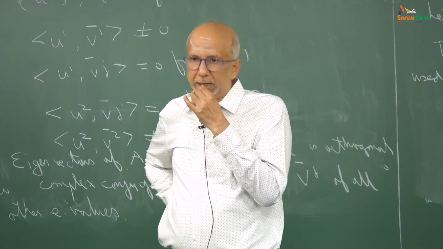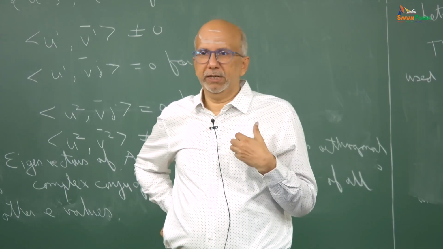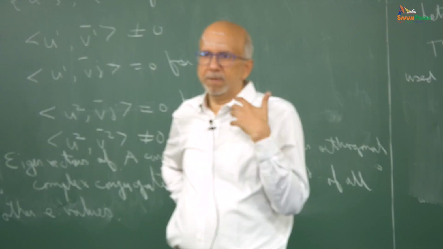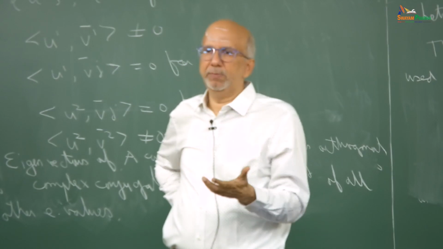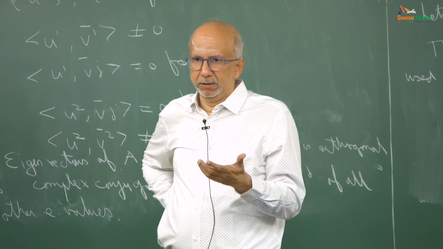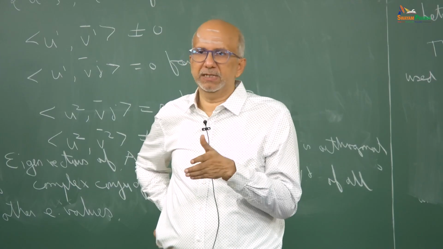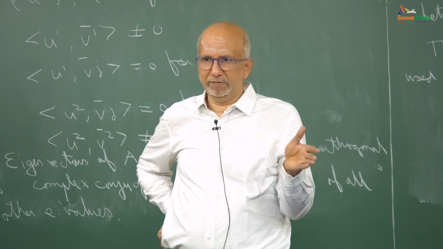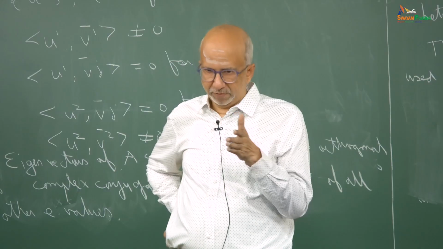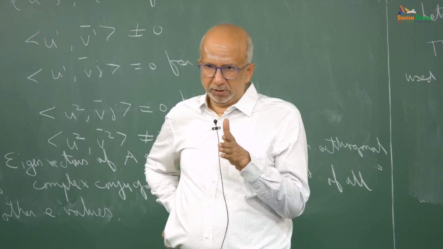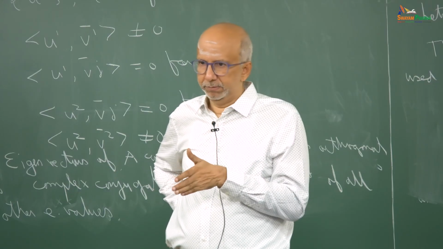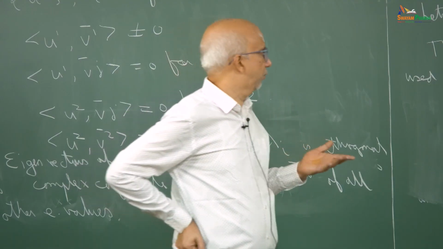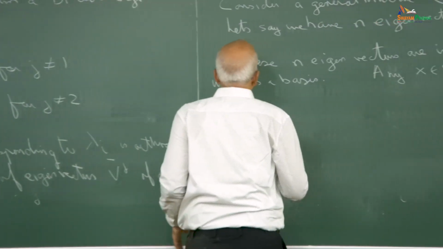Okay. Now the question is, I want to show that if I have n eigenvectors, they are going to be independent. Okay. That is the thing. Just because you have n vectors does not mean they are independent, right? You could have dependency. If I have n eigenvectors, what is the guarantee that they are independent? Okay. So, we will prove this by contradiction.